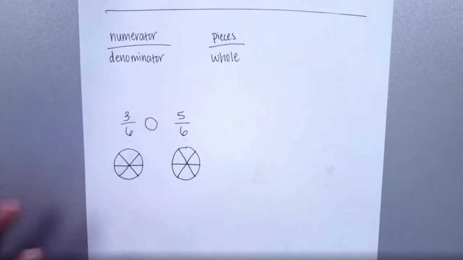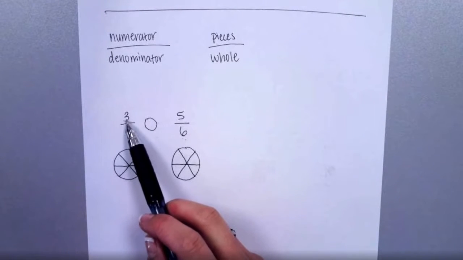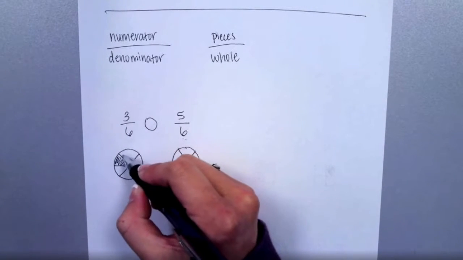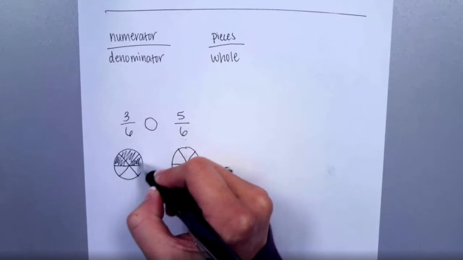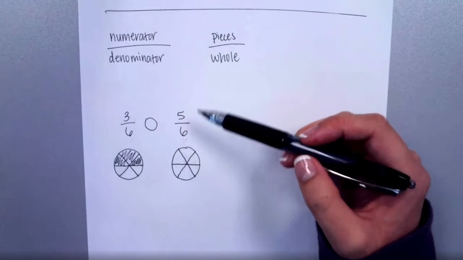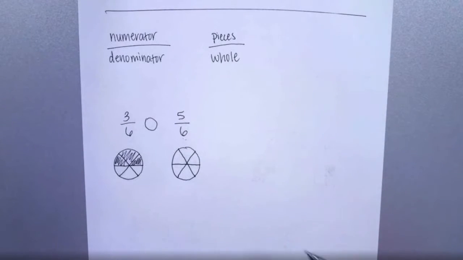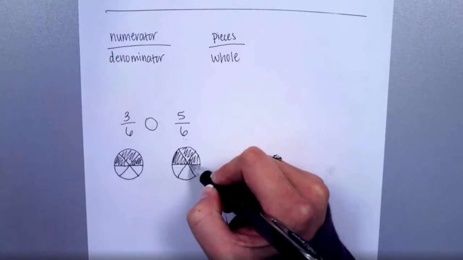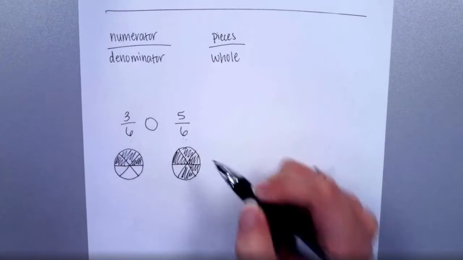I know that I have 3 pieces out of 6 that are shaded, so I'm going to color in 3. And with 5/6, I know that I have 5 pieces out of 6 that are going to be shaded. 1, 2, 3, 4, 5.